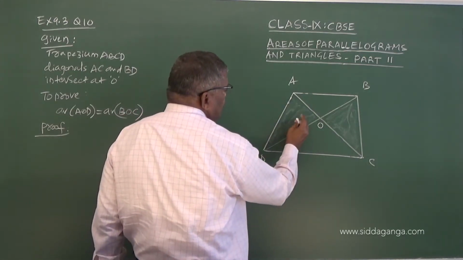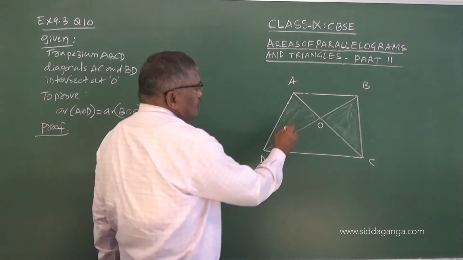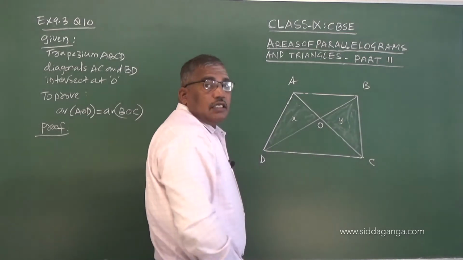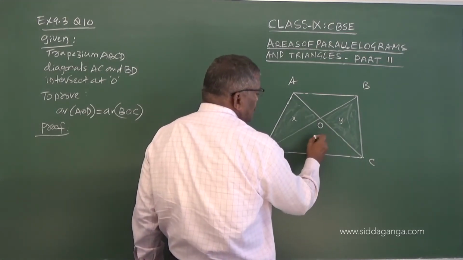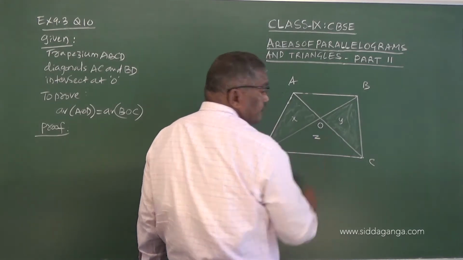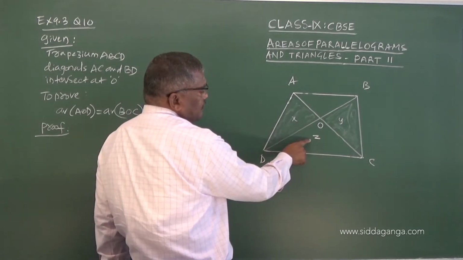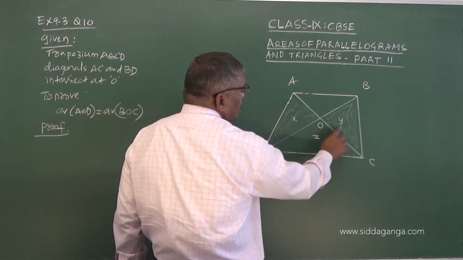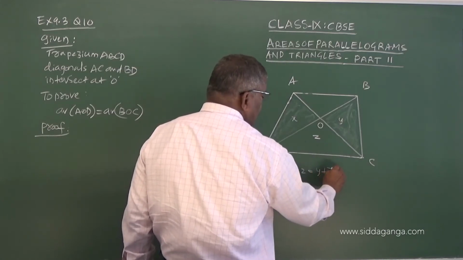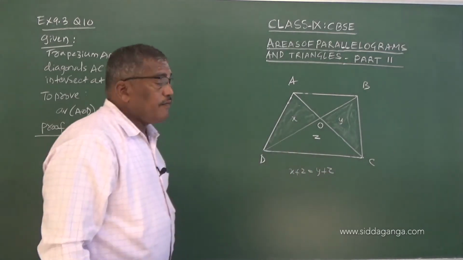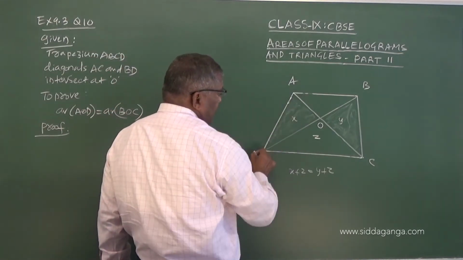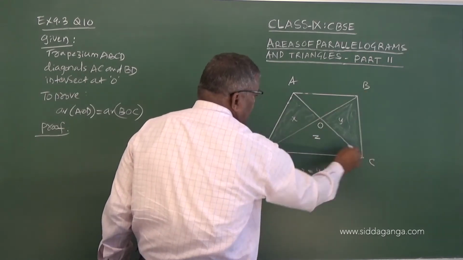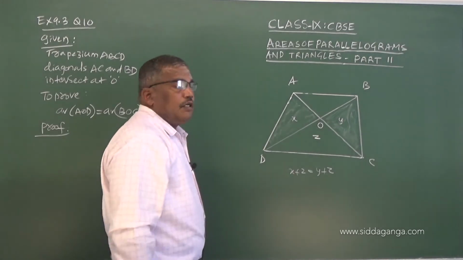So we proceed in this fashion. You observe this, if I call this area as X and this area as Y, this is Z, let us say Z. Now X plus Z will be equal to Y plus Z, because ADC is X plus Z and BDC is Y plus Z. You can observe from the figure.